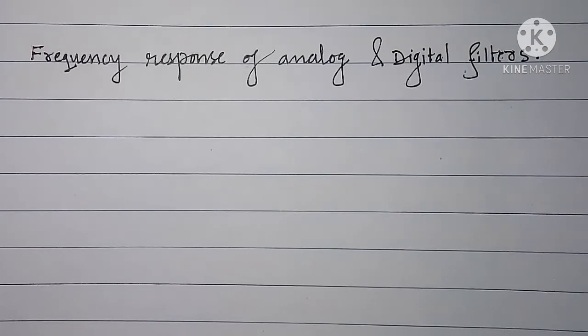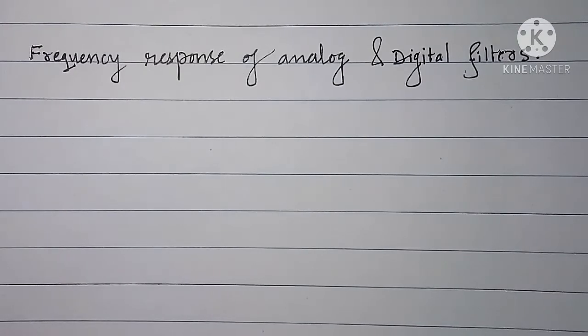For that, the desired frequency response of digital filter must be transformed to the desired frequency response of analog filter. After designing an analog filter, we will have to transform the analog filter transfer function into a transfer function of digital filter.